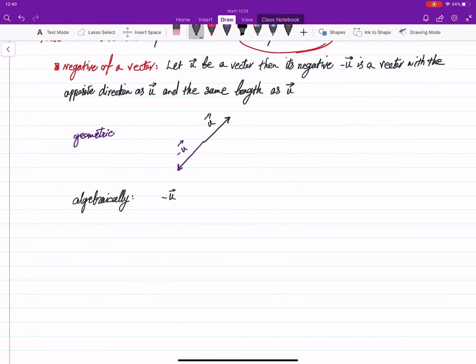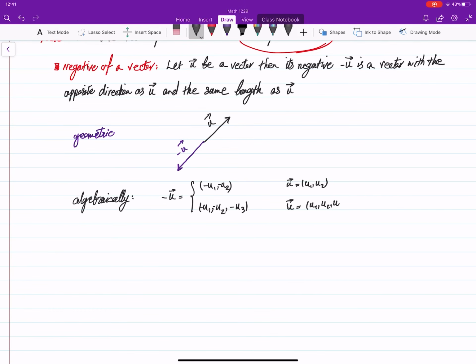Negative of U means multiply by negative one all the components of U. Doesn't matter if U is a vector with two components or a vector with three components. So this is when U has only two components, and this is when the vector has three components.